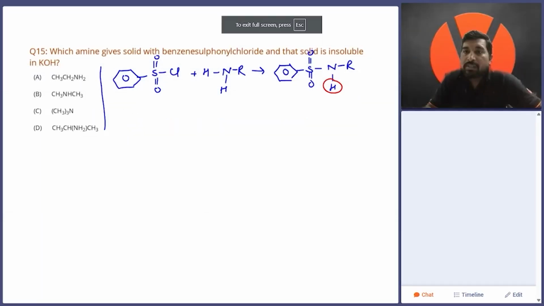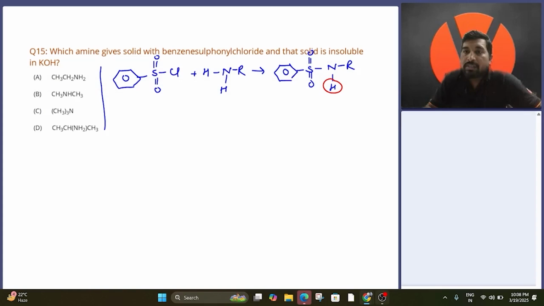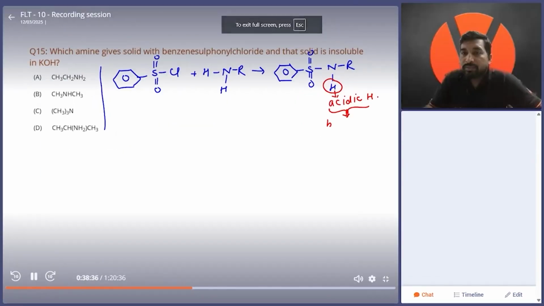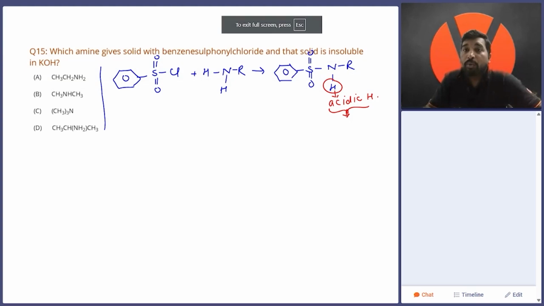This is the acidic hydrogen. Because of this acidic hydrogen, this white PPT will be soluble in alkali, basically the basic solution.